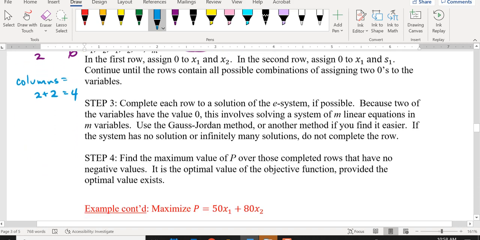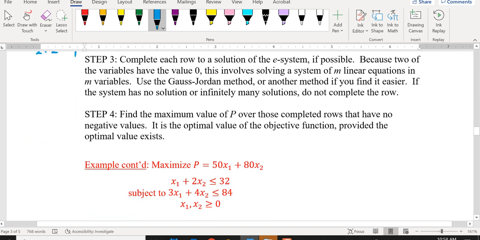Complete each row to a solution of the E system if possible. Because 2 of the variables have the value 0, this involves solving a system of m linear equations in m variables. Back to the good old Gauss-Jordan, RREF method. If the system has no solution or infinitely many solutions, don't complete that row.